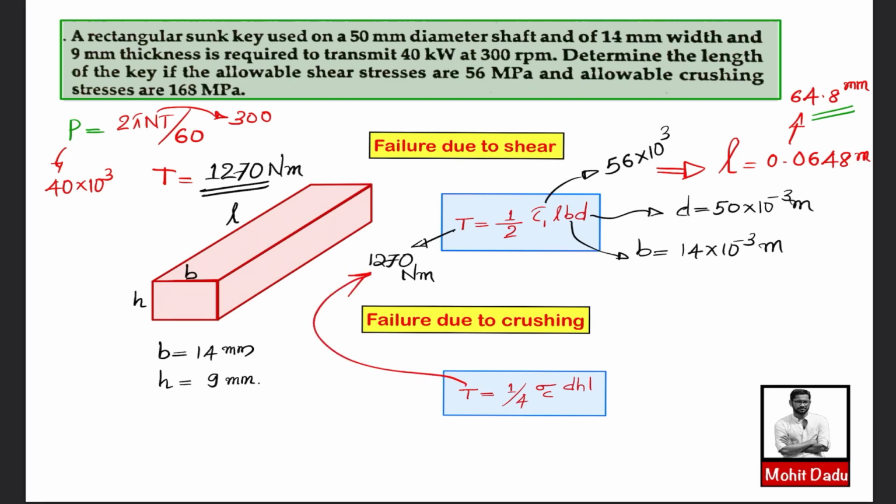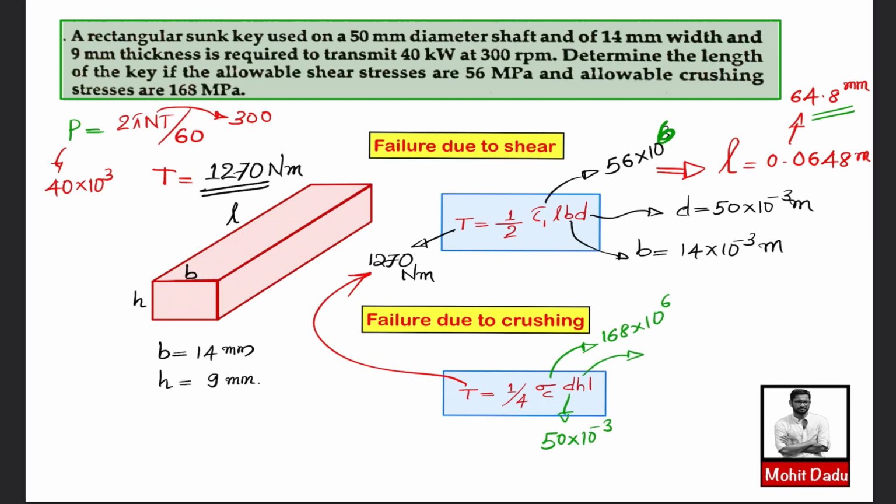So this T is the same 1270 Newton meter. The sigma C value is the allowable crushing strength, which is 56 megapascal, sorry, 56 into 10 raised to 6 pascal. And here diameter is again 50 mm, so it is 50 into 10 raised to minus 3.